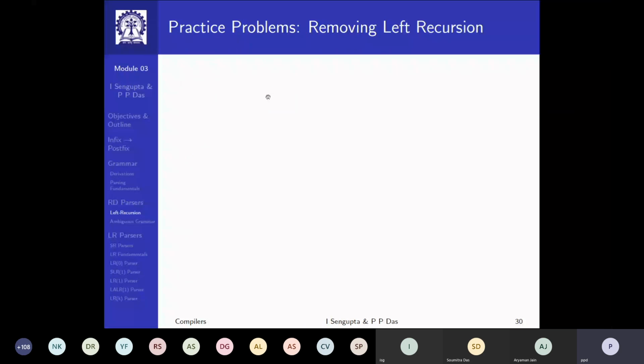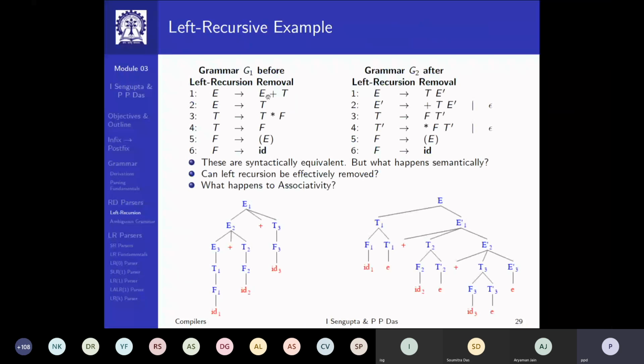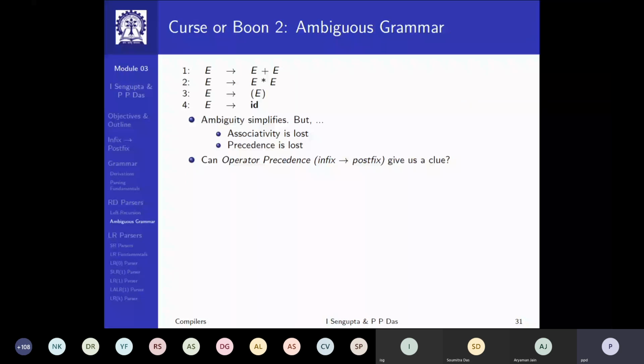The same grammar which gives me all the expressions involving identifiers, parentheses, multiplication, and addition can simply be put in terms of this grammar, which says expression is expression plus expression, or a multiplication of expressions, or a parenthesizing of an expression, or simply one single identifier.